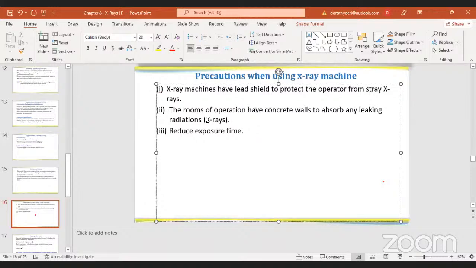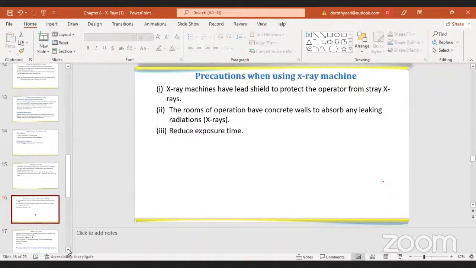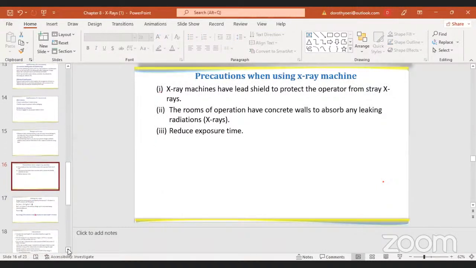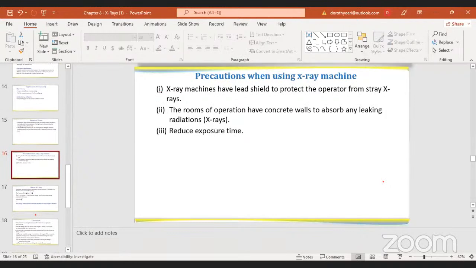At the same time, the rooms' walls are normally, I think, double concrete walls to prevent any stray X-rays going to the outside, and also the time of exposure is reduced. If you are to be exposed to X-rays, it must be within a very short time.